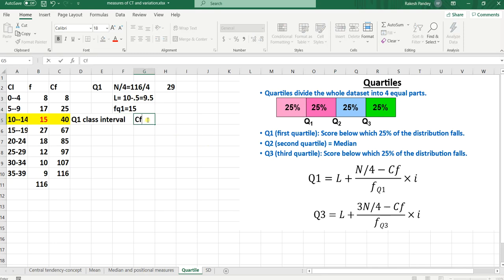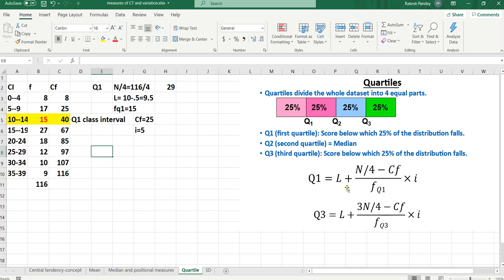And what is the cumulative frequency? It is the value preceding the Q1 class. So 25 is the cumulative frequency preceding this Q1 class. So CF is equal to 25. Now n by 4 is 29, L is 9.5, FQ1 is 15. What else do we need? We need the size of the class, and the size of the class we already know is 5.